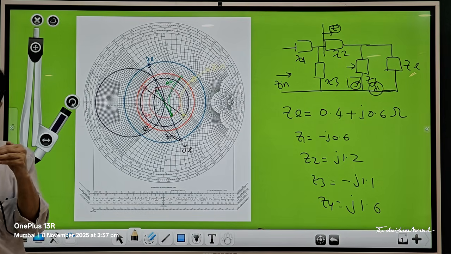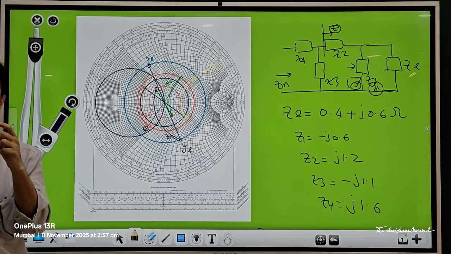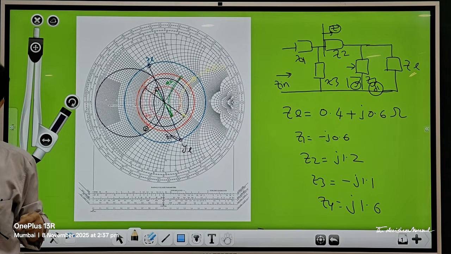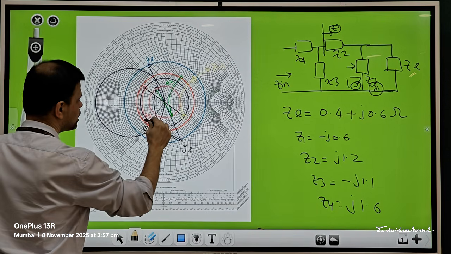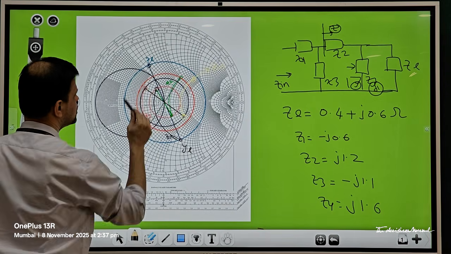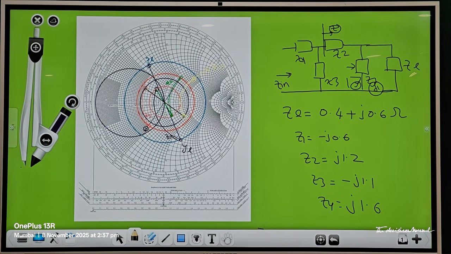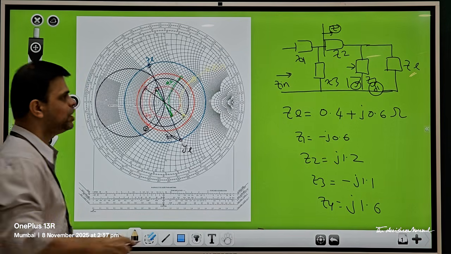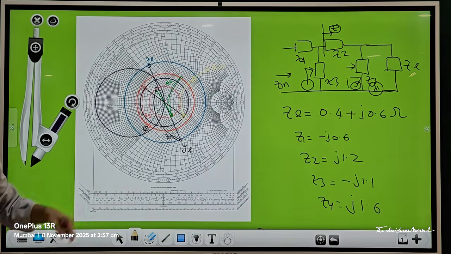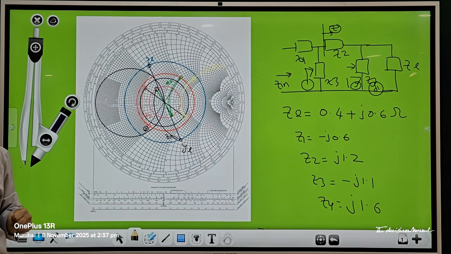After locating it, to that jB part, minus jB or plus jB, whatever it is, you add the 1 by Z3 susceptance and then move along that respective constant R circle and you will arrive at this point. So this is the Z3 addition which I have shown in the Smith chart. Fine. So where are you now? You are at this point location, and this is the admittance at that point.